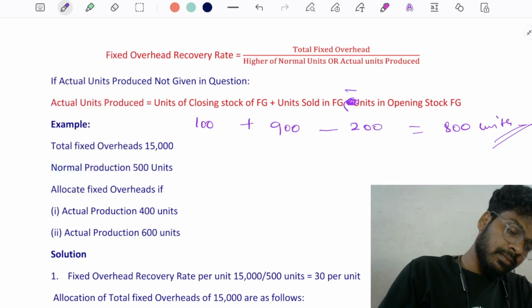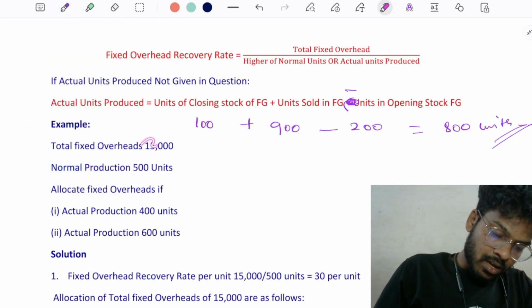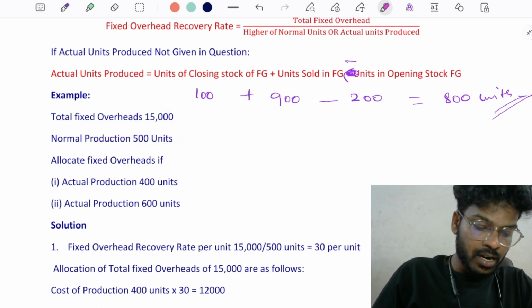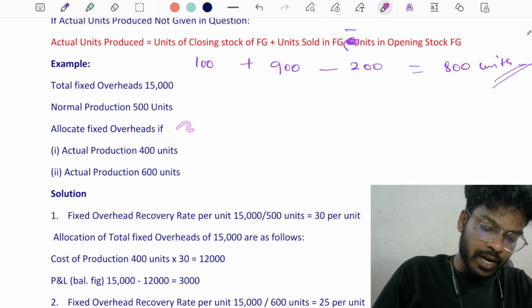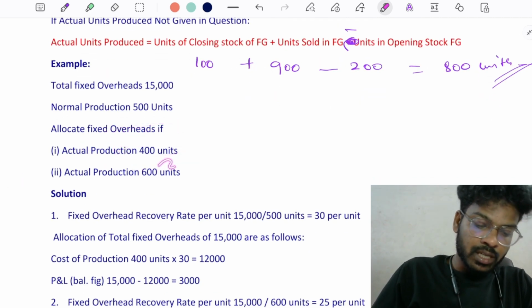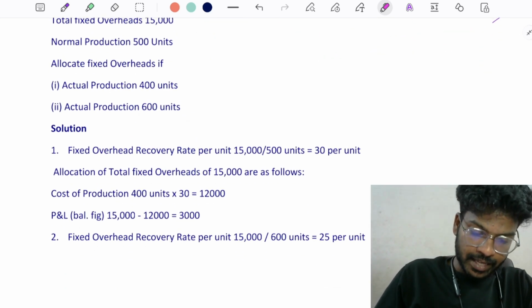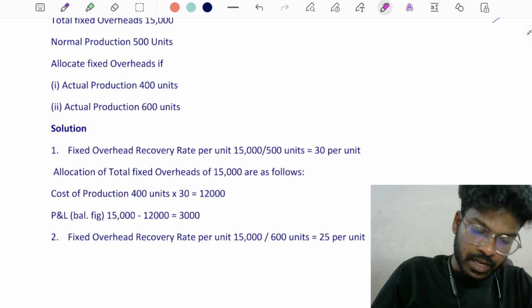So, example: total fixed overhead 15,000. Normal units is 500. Allocate fixed overhead if actual production is 400, and if actual production is 600. In the first case, we need to find the fixed overhead recovery rate.